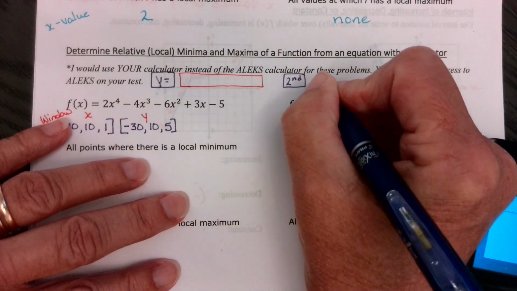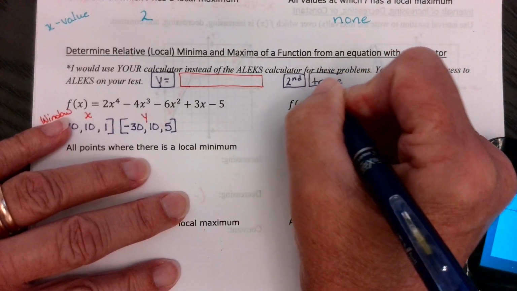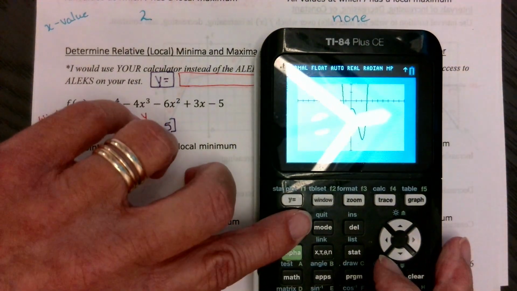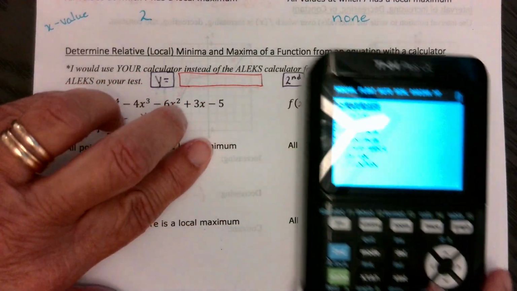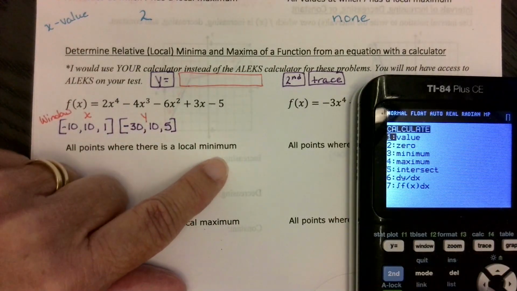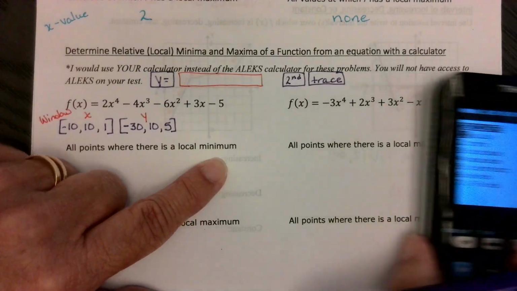Then you're going to hit trace because it turns trace into calculate. Okay, so when you do that, you hit second trace, it brings this up. We're wanting to know minimums, so you're going to hit 3. If it asks for maximum, you'd hit 4.